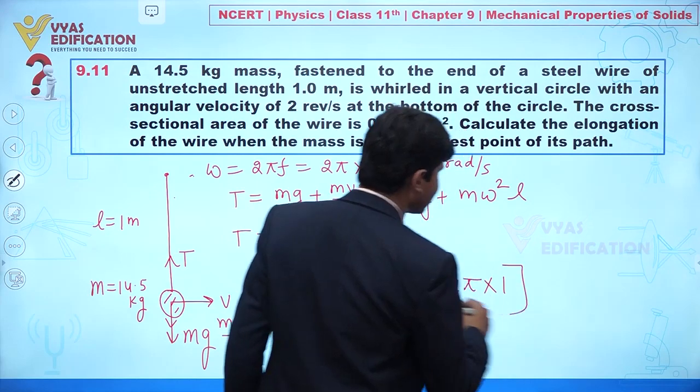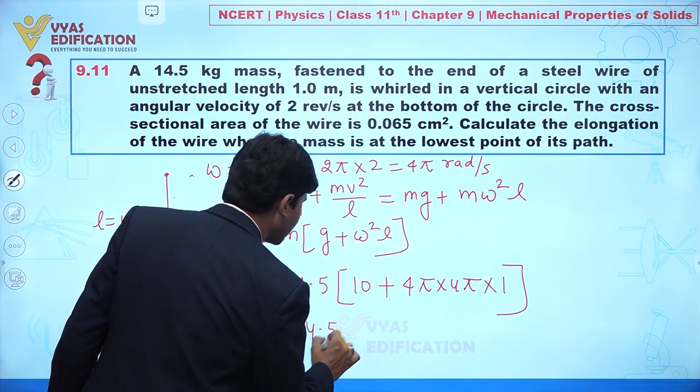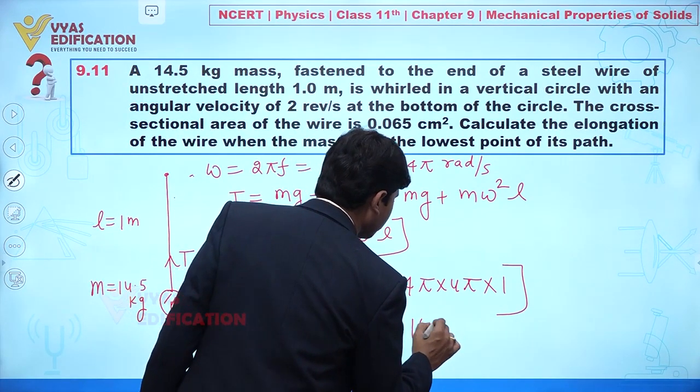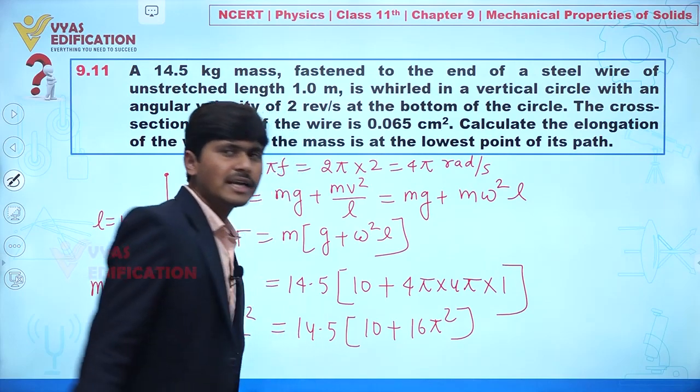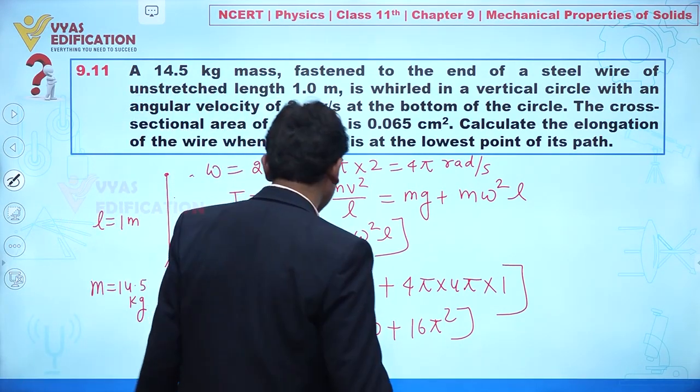So from here can we find the value of tension? Yes. This is 14.5 times 4 plus 16 pi square. Pi square has an approximate value of 10, so this is 160 and the total is 170.